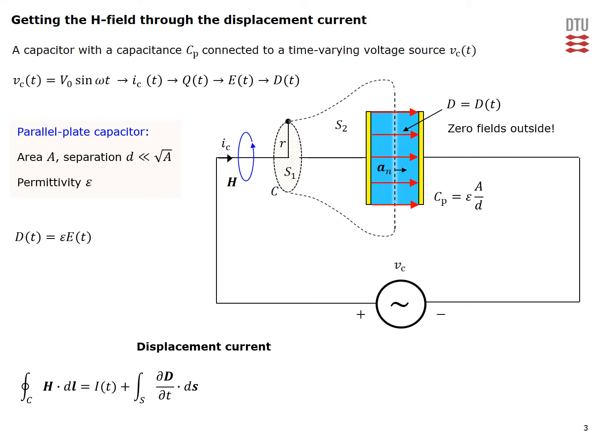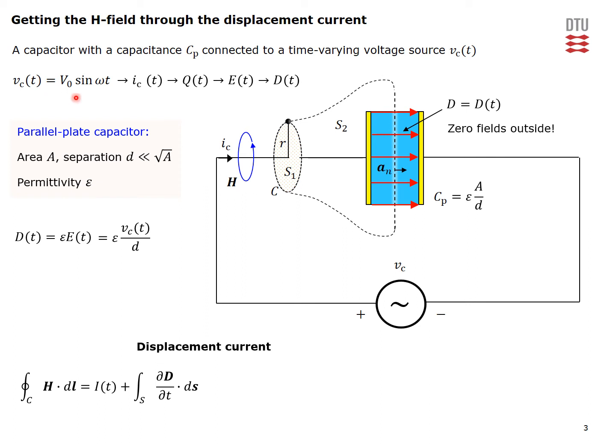Now, since the material of the capacitor is simple, the flux density is just the permittivity times the electric field, and due to the homogeneous nature of our field here, the electric field intensity is simply voltage divided by the separation distance between the plates.